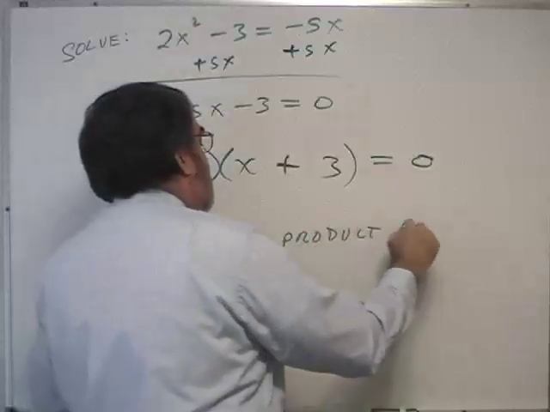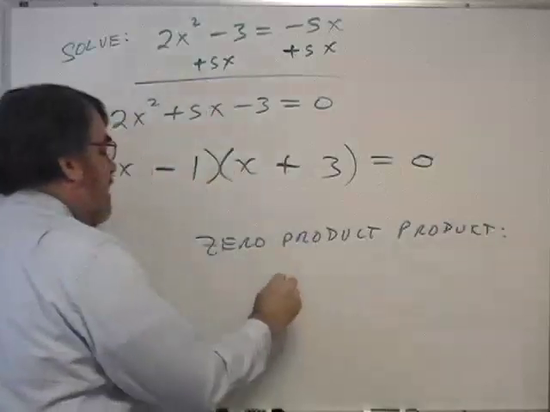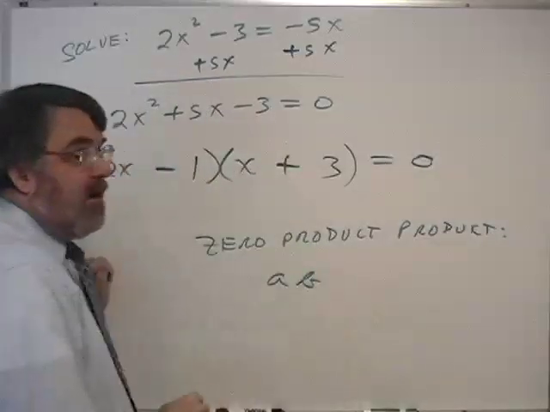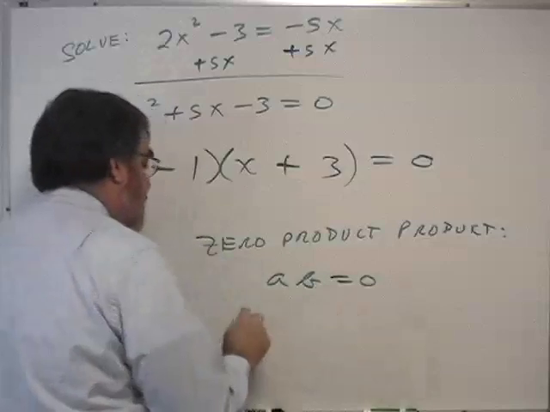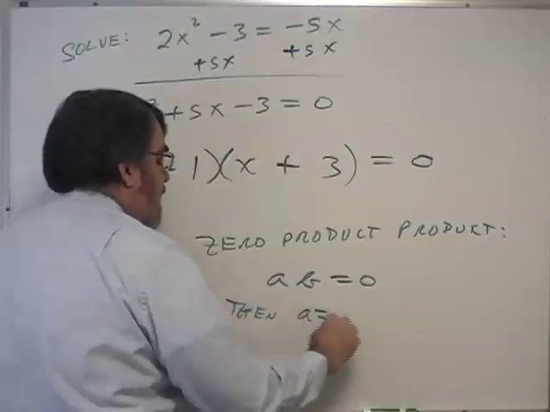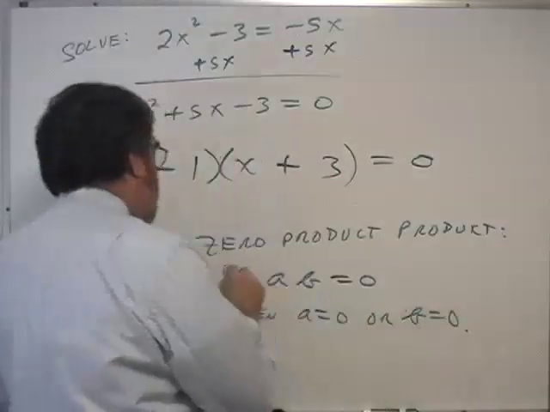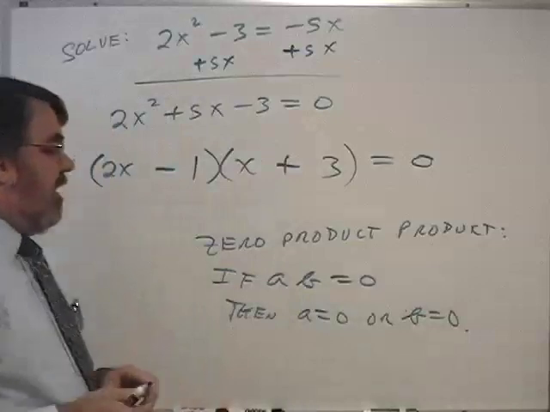So what we call the zero product property means that when two numbers multiply together, a times b equals 0, then a equals 0 or b equals 0. So again, zero product property.